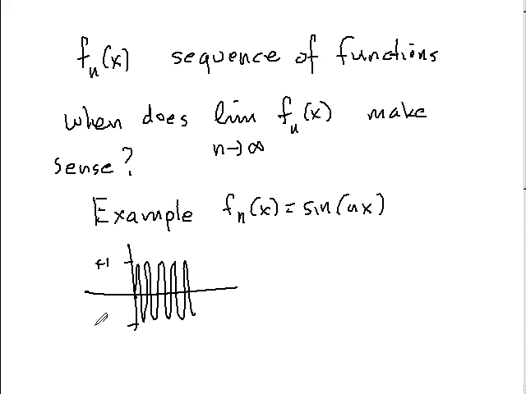So does f n go to 0 in any sense? Does f n approach a function in any sense? In what sense does the limit of f n as n goes to infinity of this sequence exist? And the answer is it does go to 0 in a sense, but you have to be precise about that. So we'll talk a little bit.